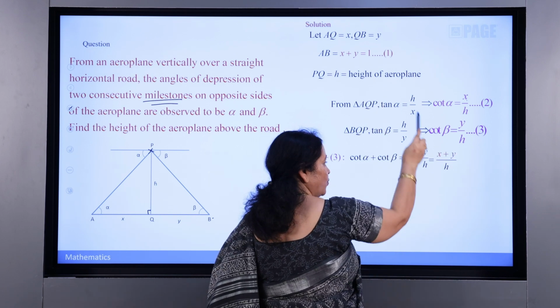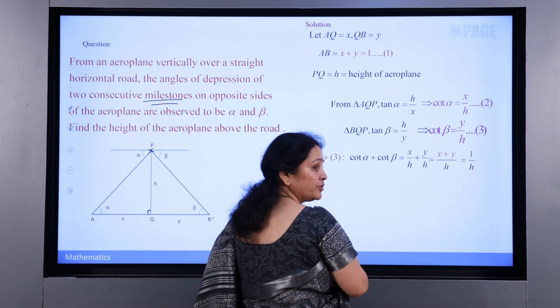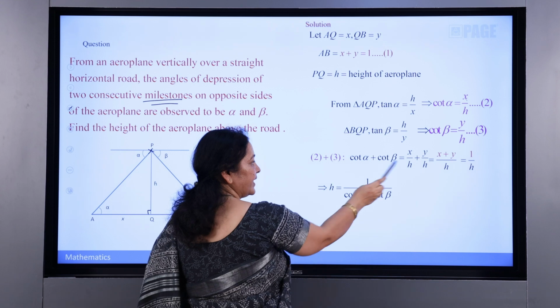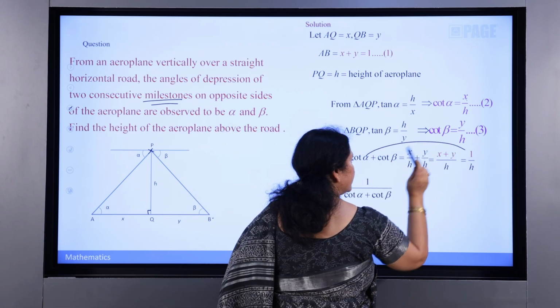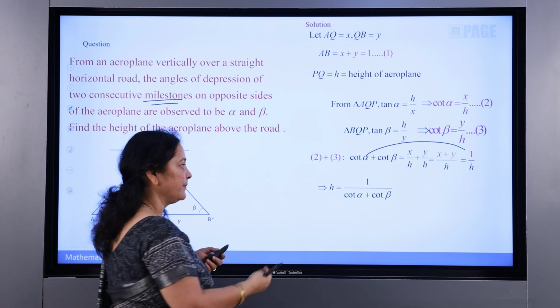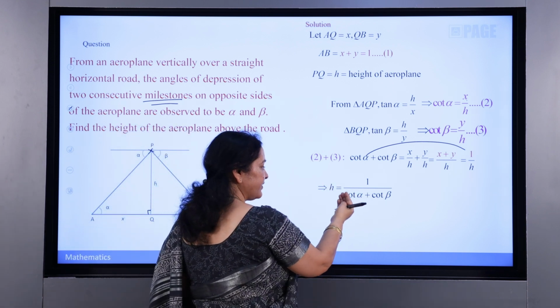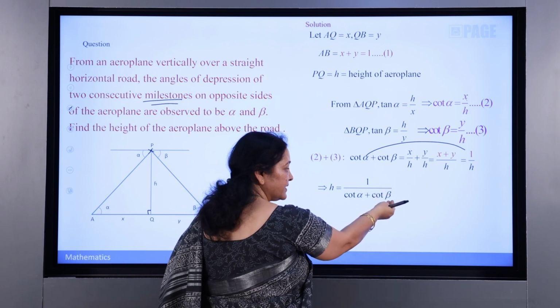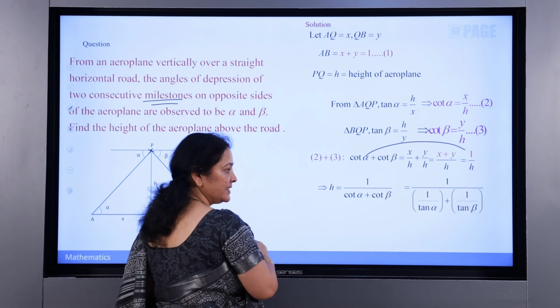But from equation 1, what do we have? X plus y is going to be 1. So 1 upon h. Now from this I can write these two. Right? Take the reciprocal, h is 1 upon cot alpha plus cot beta. Again from the trigonometric ratios we have cot alpha is 1 by tan alpha, cot beta is 1 by tan beta. Take the LCM.